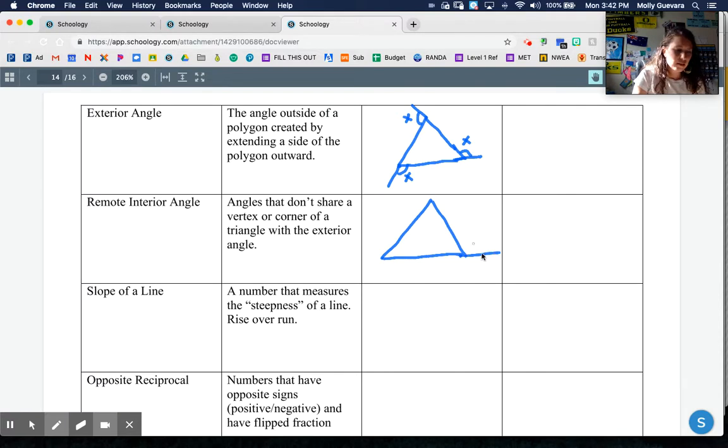So if this is my exterior angle, right, exterior, then my remote interior angles are this angle and this angle, because they don't share the vertex with the exterior angle. So these would be my two remote interior angles. So that's going to come up quite a bit. So we want to just make sure that we have a good understanding of what that means, okay?